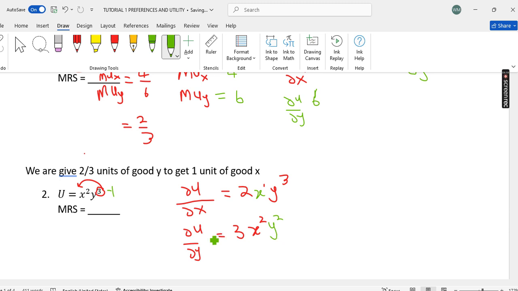So our marginal rate of substitution, MUX over MUY.